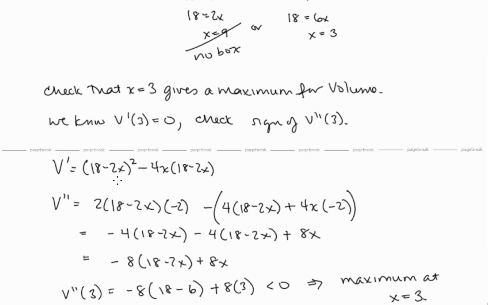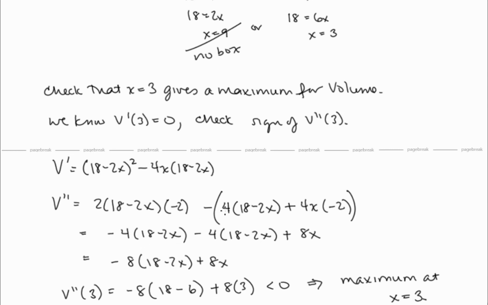And so V prime is equal to (18 minus 2x) quantity squared minus 4x times (18 minus 2x). So finding V double prime, we use the chain rule here and the product rule here. Notice I want to make sure this negative applies to the entire result of the product rule, so I've got this big set of parentheses here. And so simplifying, we have negative 4 times (18 minus 2x).